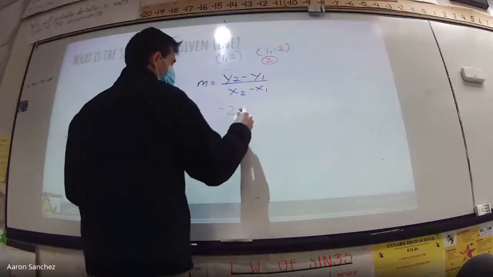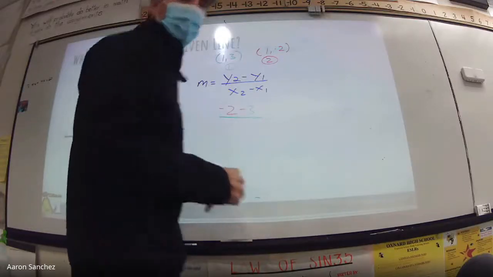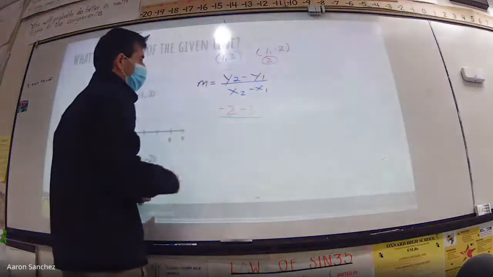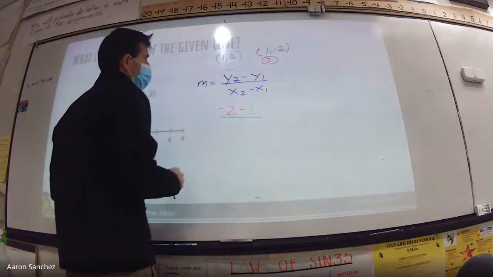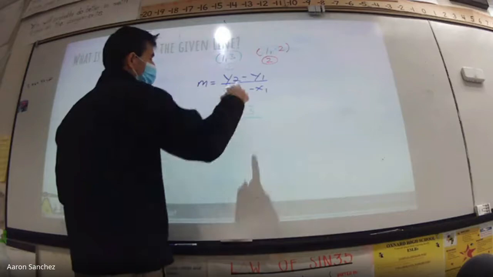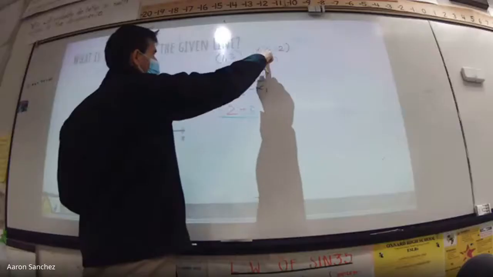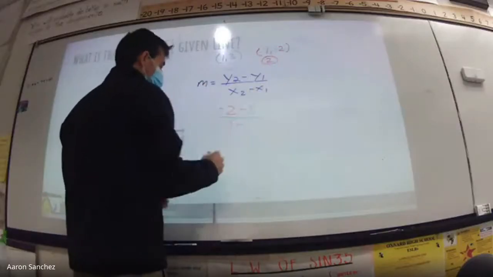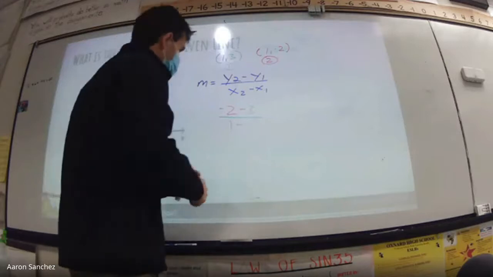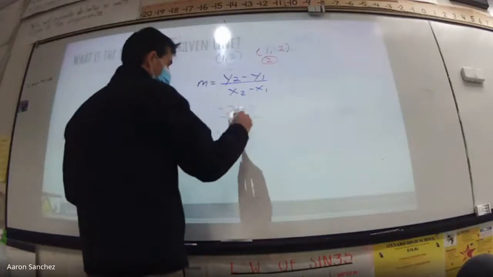It's 3, right? Divided by, what's my x2? Italia, what's my x2? 1. My x is here, 1. What's my x1? Italia? 1. Okay, so let's add these.